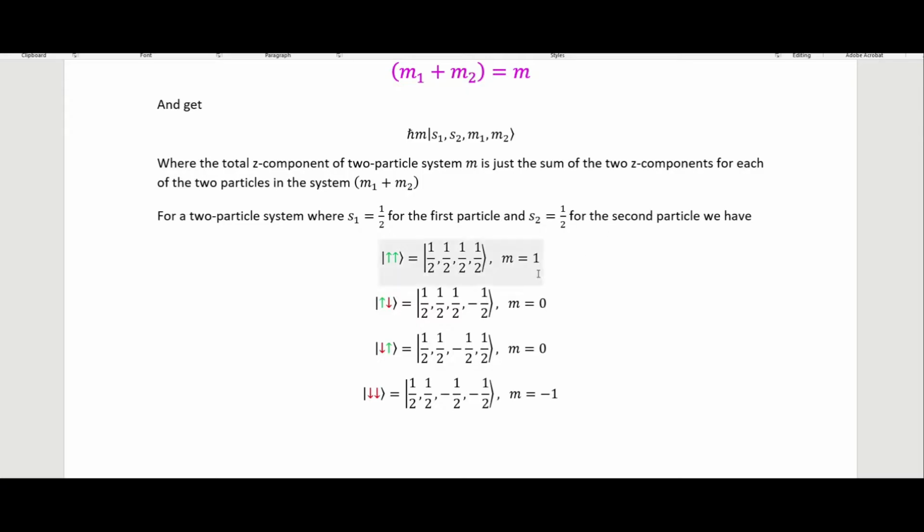So you see here the first two numbers are S numbers, so it's just the spin of particle 1, the spin of particle 2. The second two is the z component of the spin of particle 1 and the z component of the spin of particle 2. So we see we have a half plus a half, so our m equals 1, half minus a half, so our m equals 0, minus a half plus a half, m equals 0, minus a half minus a half, so m equals minus 1.